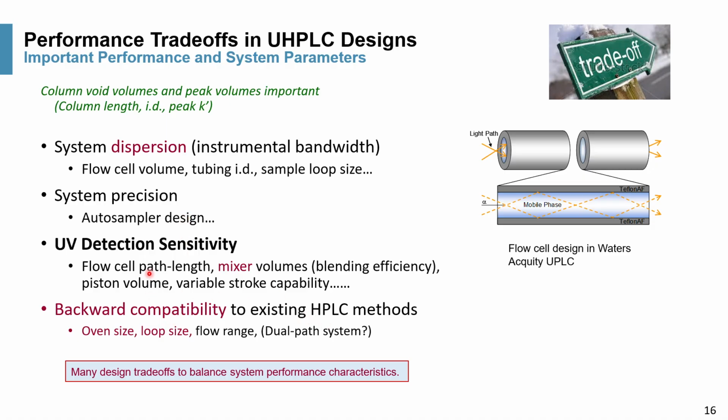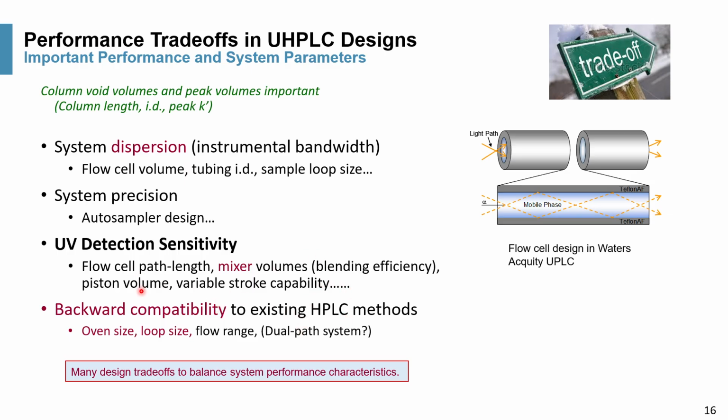For UV detection, sensitivity, particularly for binary pumps, would be contingent on the mixing volume. So it's probably a good idea to choose a slightly larger mixer for high sensitivity stability-indicating method development or assays to increase the blending efficacy.